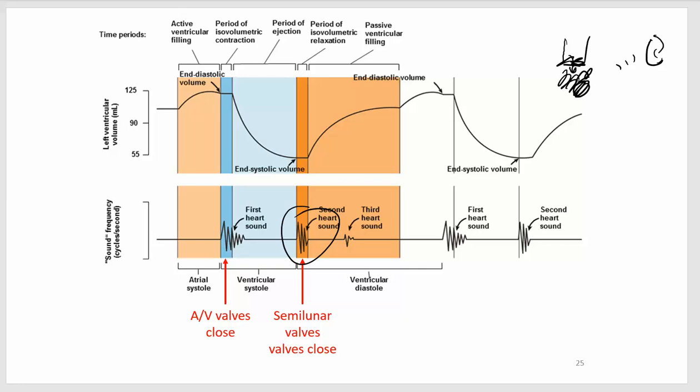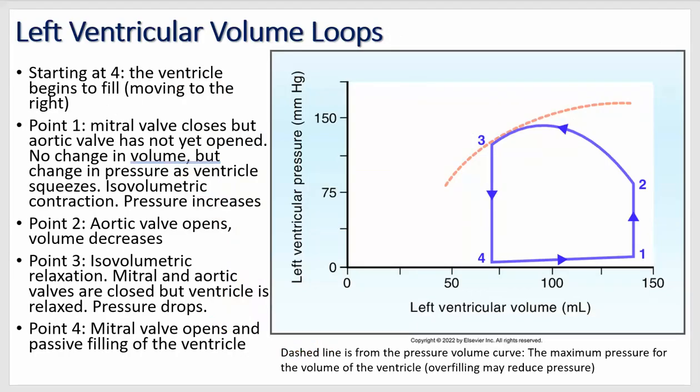Let's see. So then there's your left ventricular volume, and your atrial kick there. Okay. So we'll look at a couple more graphs. This goes along with the graph we looked at before, the Starling graph.